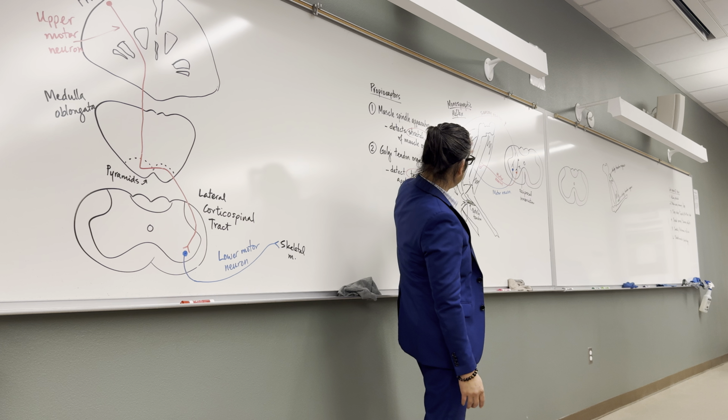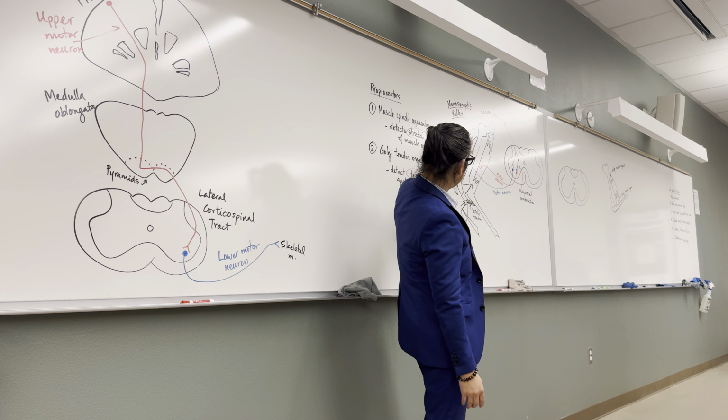The other pathway that is sent by this sensory neuron to an interneuron to stimulate that red motor neuron to inhibit the opposing muscle group, that is known as the reciprocal innervation. Okay? So for this pathway here, this is known as the reciprocal innervation.